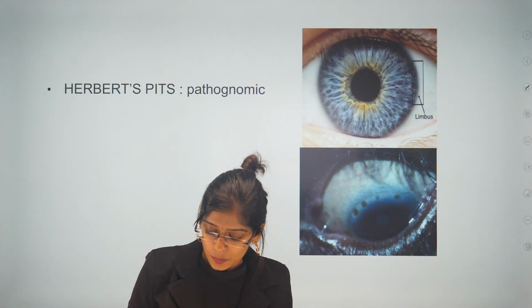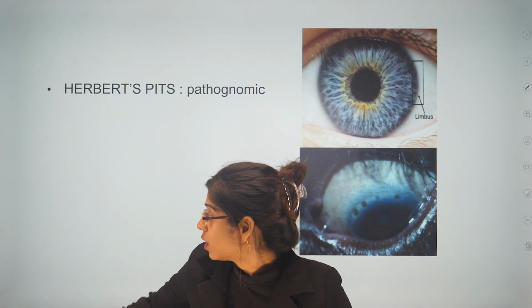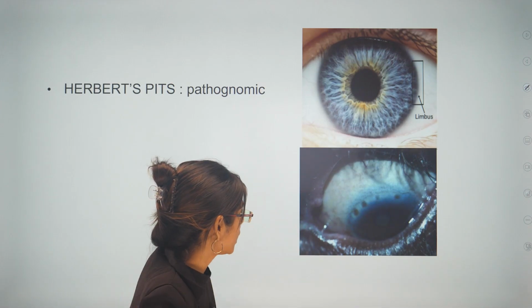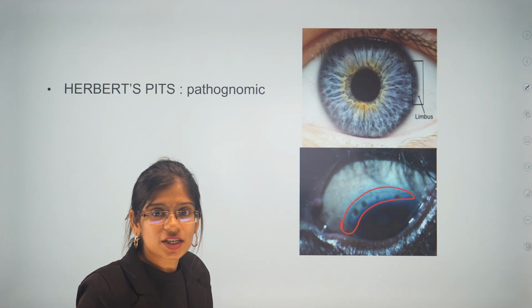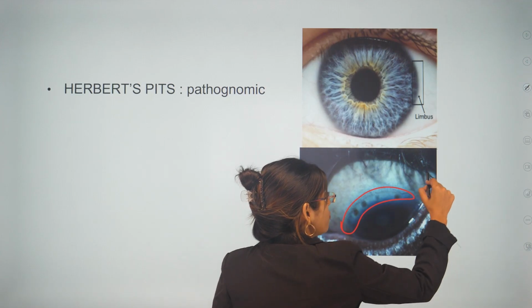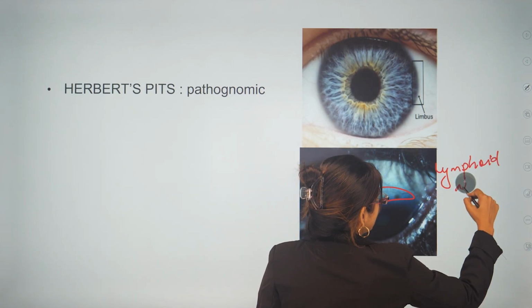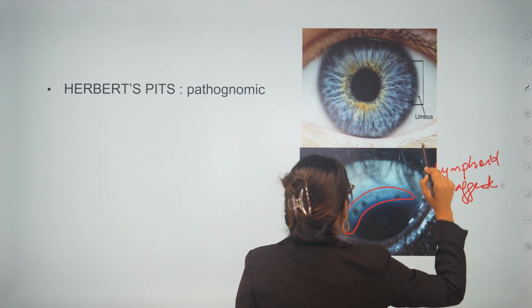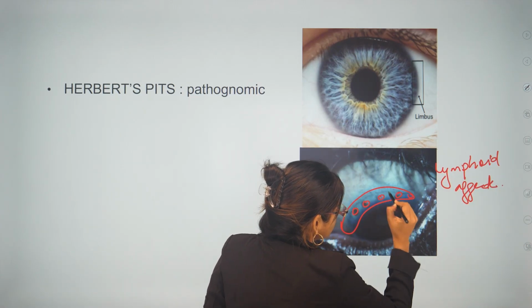Here again, because of infection, to fight the infection, lymphocytes, lymphoid aggregates come. Okay? And they will form follicles.